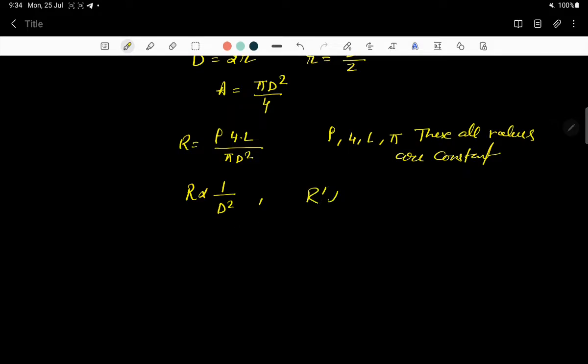So R dash is inversely proportional to 1 upon d dash squared, assuming d dash is the final diameter of the wire.